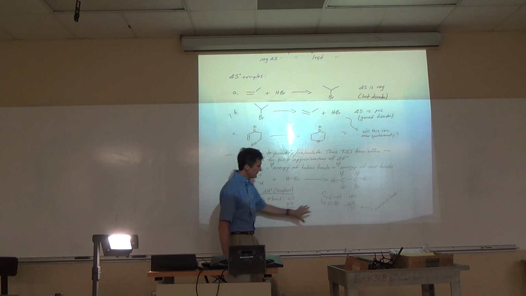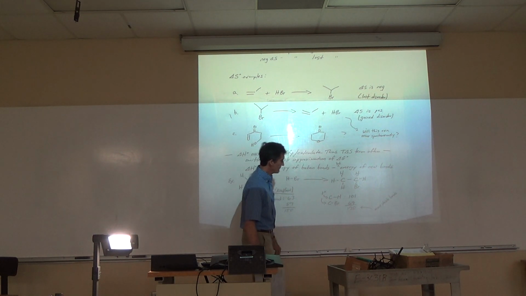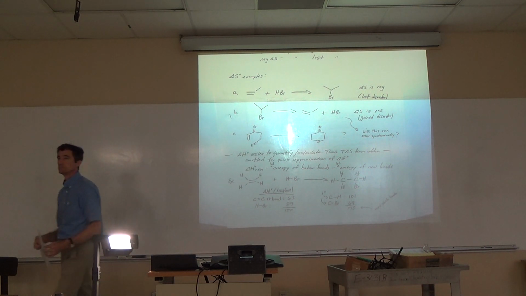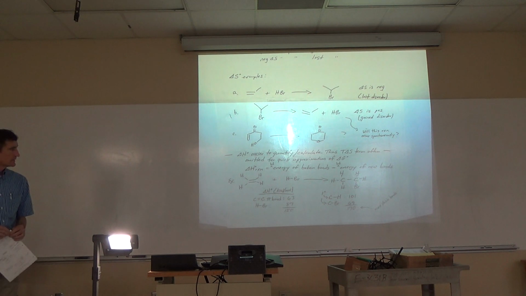We broke 150. We formed 170. What is delta H? Okay, negative 20. How do you know it's negative? Why is it not positive 20? Is this reaction exothermic or endothermic? Exo.